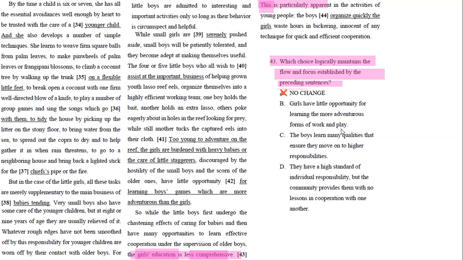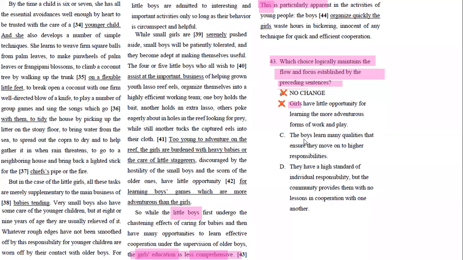This could be an answer, but it doesn't show the comparison between the girls and the boys. So here we're comparing the girls and the boys, and we're saying that the girls' education is less comprehensive. This is just talking about the girls. I want to talk about the girls and the boys.